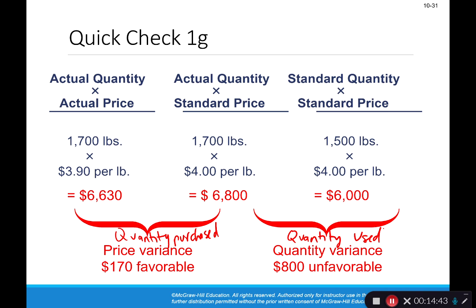Now, this hasn't really mattered for the examples we went through, because the quantity purchased and the quantity used have been the same. But it's something I want to ingrain in your mind right now, that when the quantity purchased and the quantity used are different, we're going to have to set this up a little differently and basically use 2 separate middle columns: one middle column for the price variance based on the quantity purchased, one middle column for the quantity variance based on quantity used.